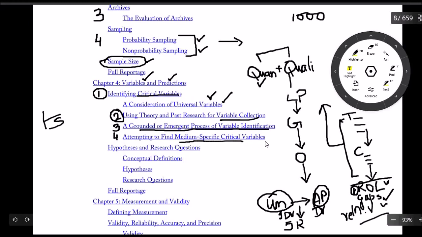The third one is how do you identify your variables, and the next one is attempting to find medium specific critical variables. Now what is your medium that you are really looking at?